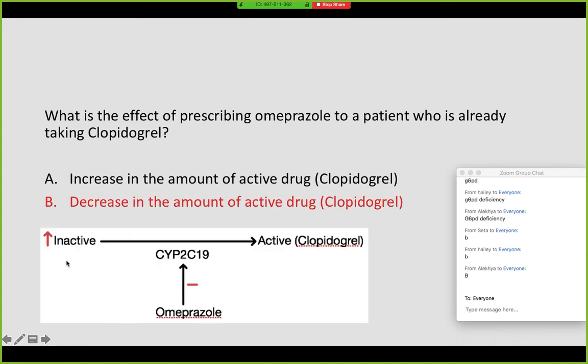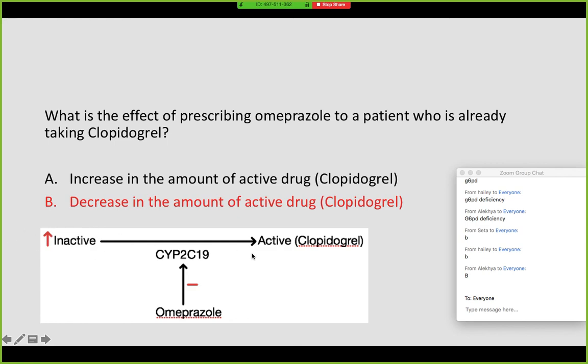And again, just showing you how I draw these out. So omeprazole inhibits the CYP2C19, which is activating clopidogrel. So if you inhibit this CYP, so if you were to put an X here, you're going to have an increase in the amount of inactive drug.